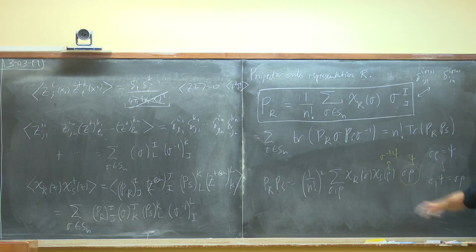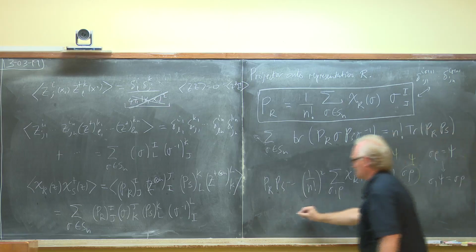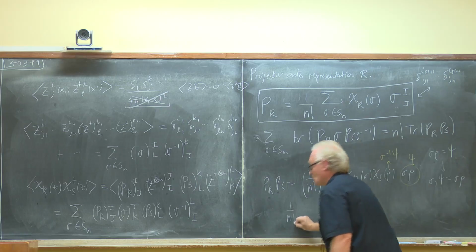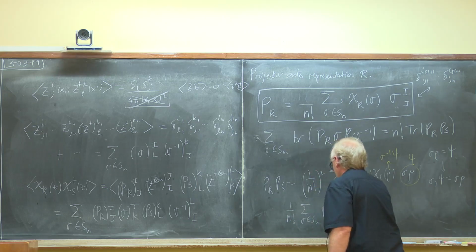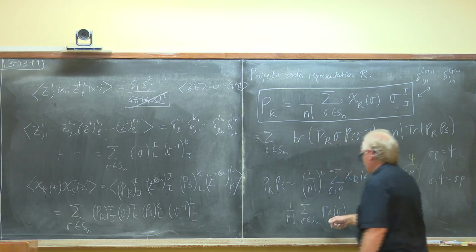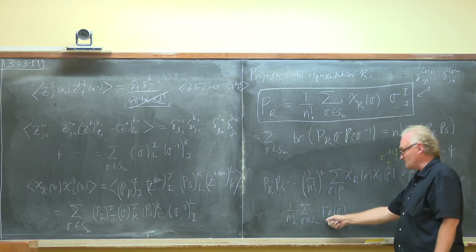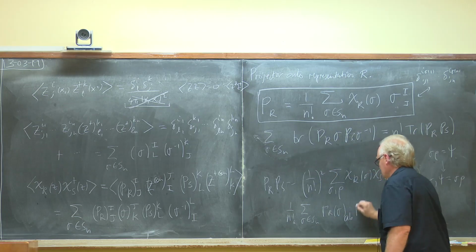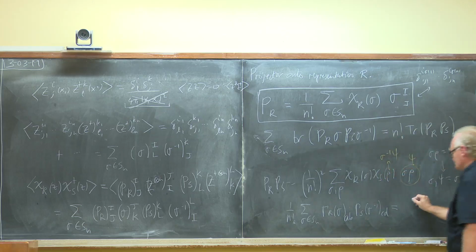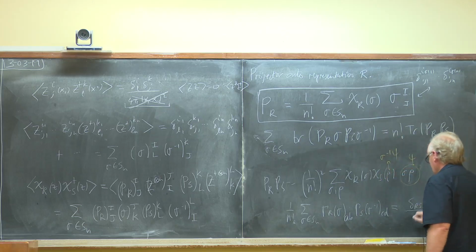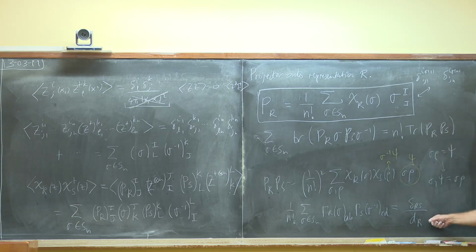Now you just use the fundamental orthogonality theorem for the group. Let me just remind you. So 1 over the order of the group, sum over the group, this is the matrix representing element sigma in representation R, AB, gamma S, sigma inverse, CD. And this is equal to delta RS over the dimension of representation R multiplied by delta AD, delta BC.